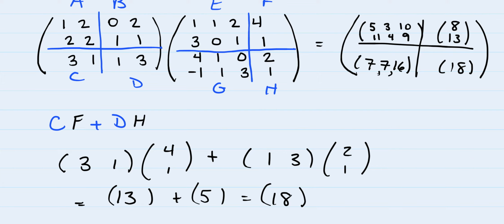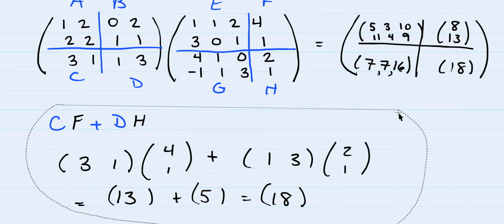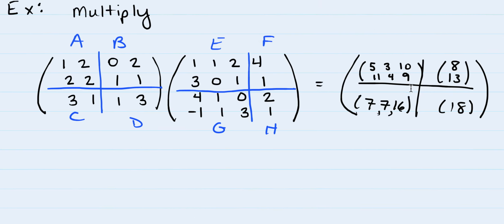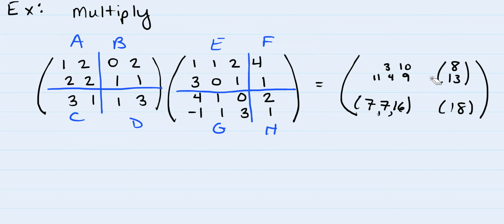So we're almost done. The last thing I want to do is just clean this up. Here I have 4 blocks, but I'm going to erase these parentheses, and we can also get rid of these lines here.